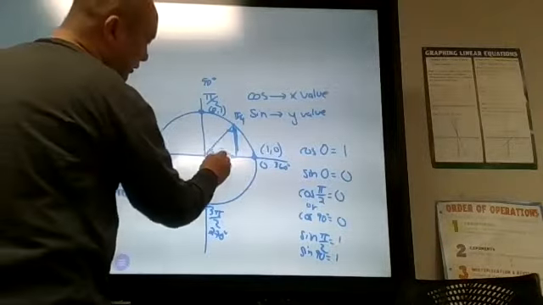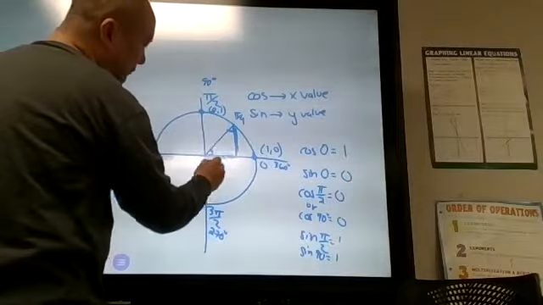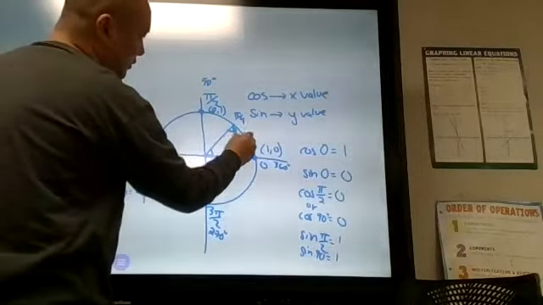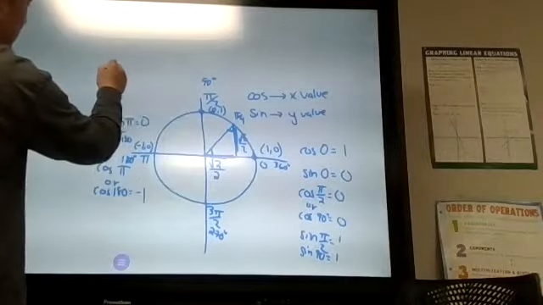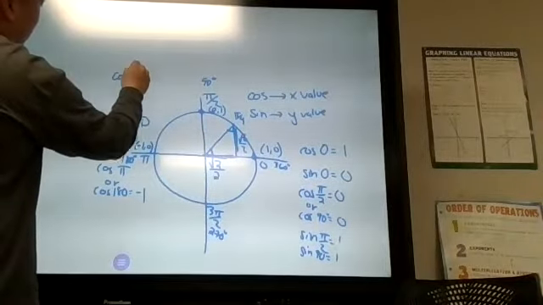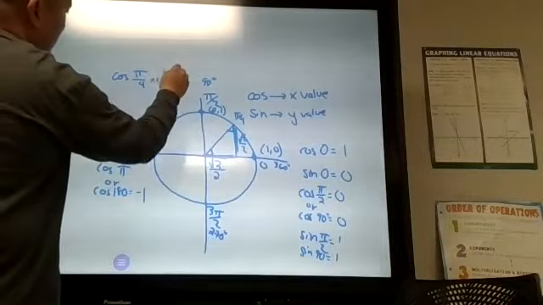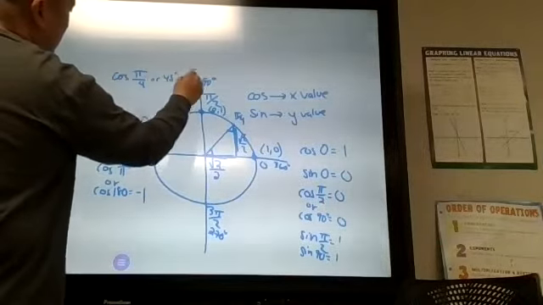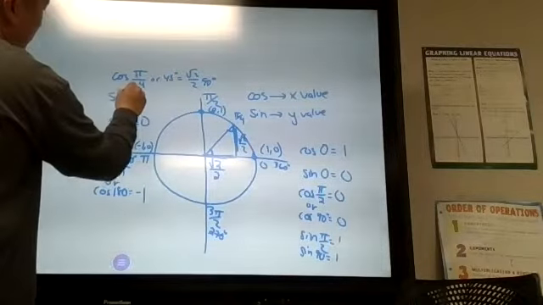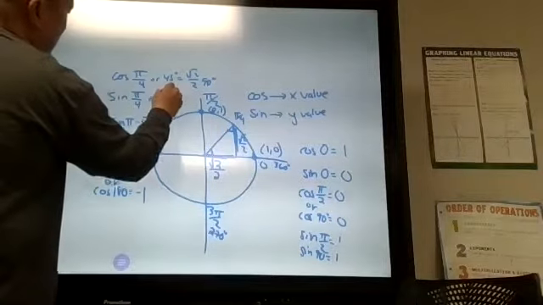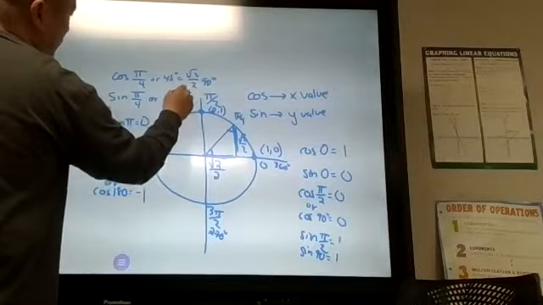And remember through the previous problem, it's root 2 over 2 and root 2 over 2. So if I have the cosine of pi over 4 or 45 degrees, that equals root 2 over 2. And if I have the sine of pi over 4 or 45 degrees, that equals root 2 over 2 as well.